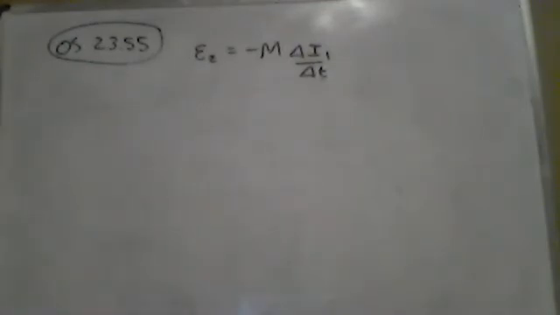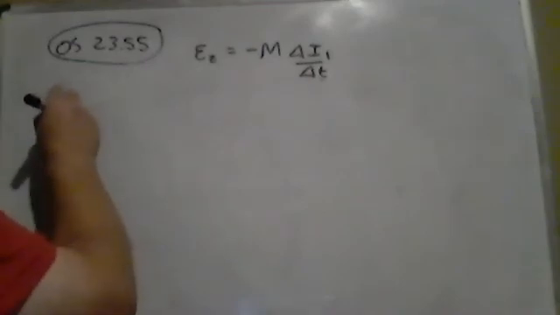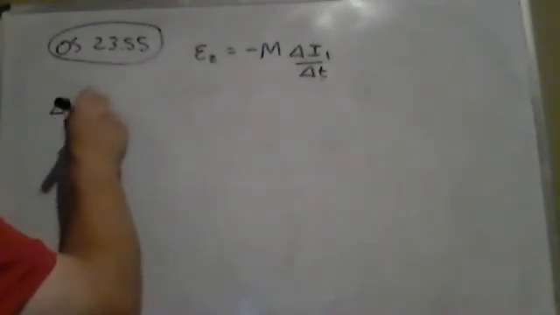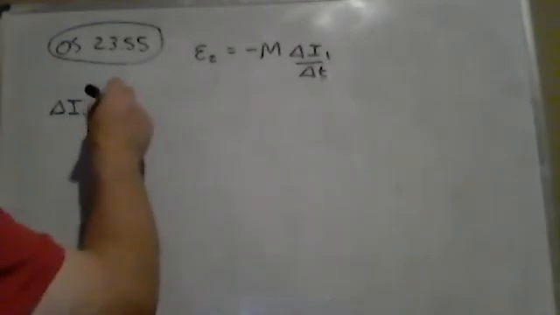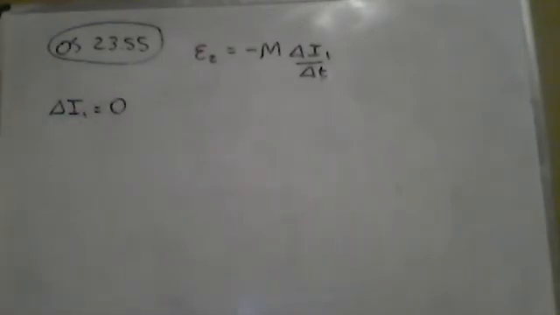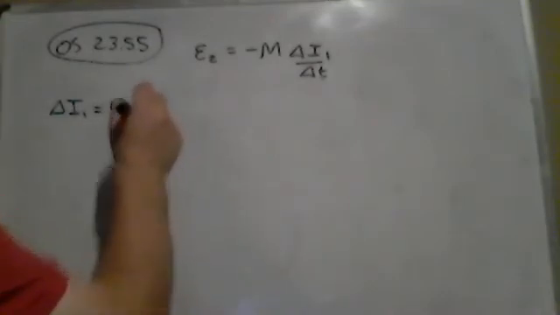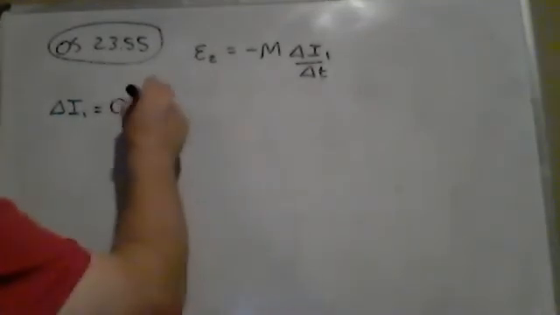All right, well, what do I know? Delta I1 is going to be I1 final minus I1 initial. I1 final is this current, this circuit's being switched off, so the final current is 0, minus the initial current, which is 5 amperes.